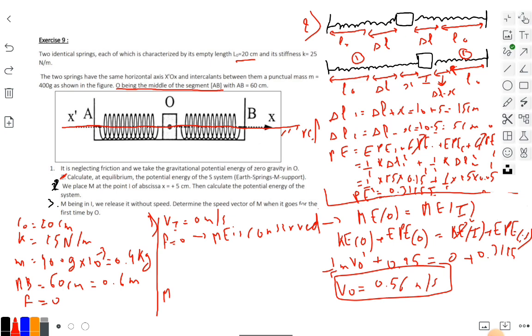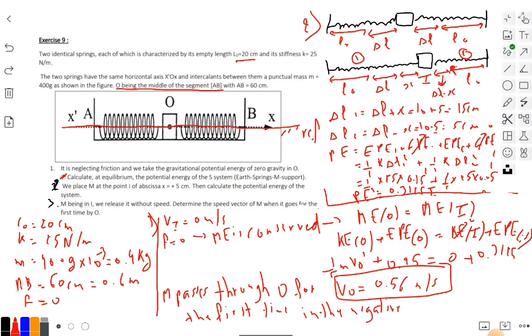And M passes through O for the first time in the negative direction. So the V0 vector is equal to minus 0.56 i vector meter per second.